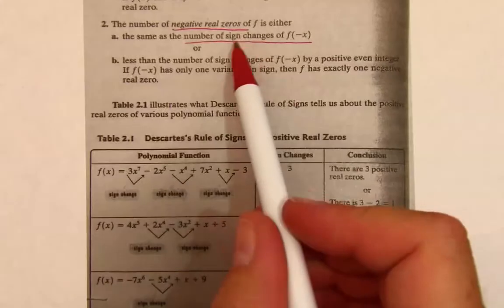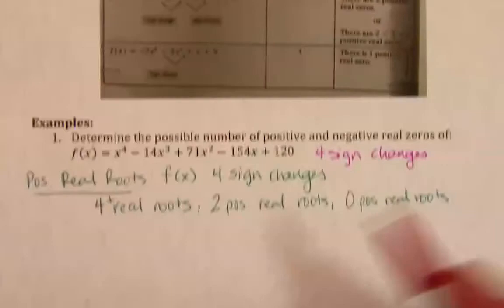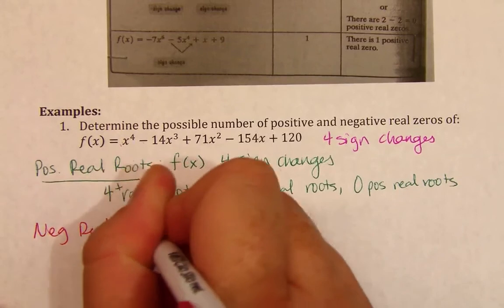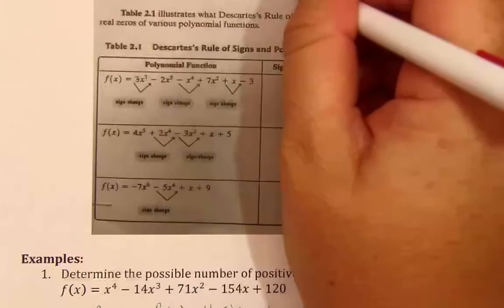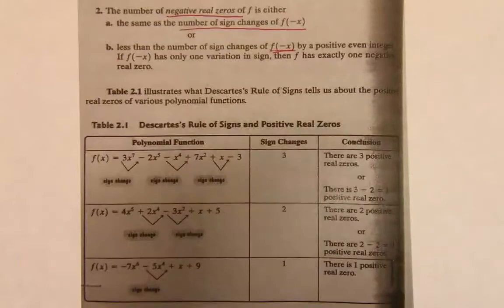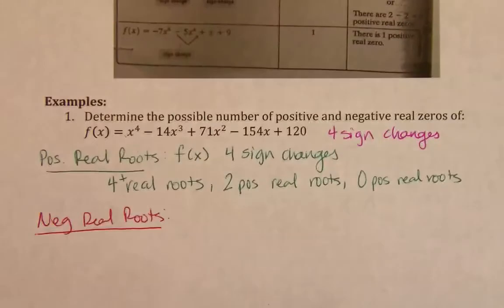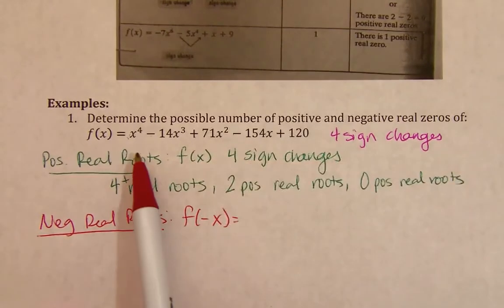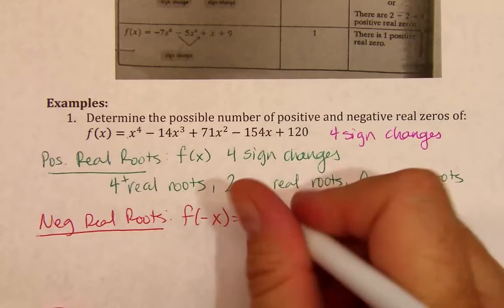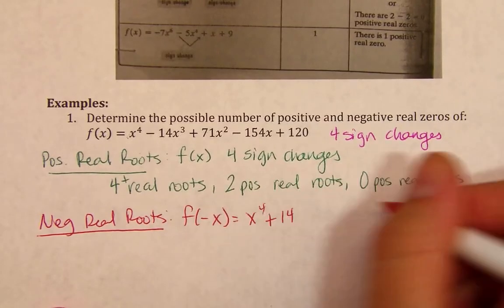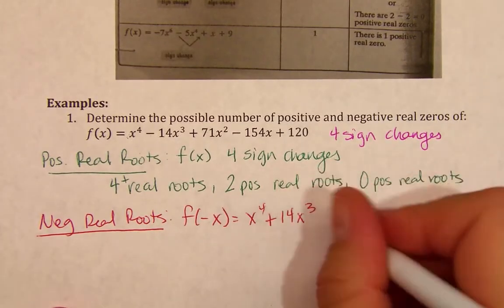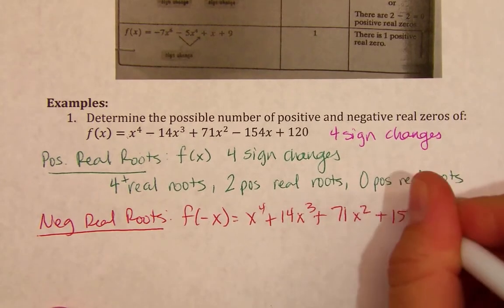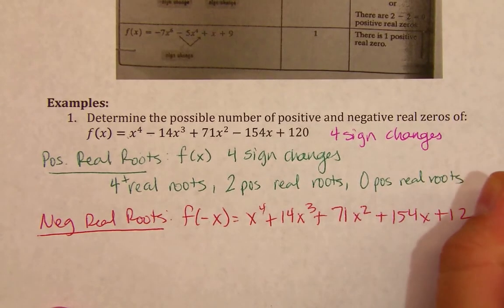We can also use Descartes' rule of signs to look at the negative real roots. And we want to use f of negative x. Okay. So first we need to find that. So f of negative x, well, plugging in negative x here, that's still x to the 4th power, minus 14, or that's going to be a positive 14x cubed, and plus 71x squared, and plus 154x plus 120.